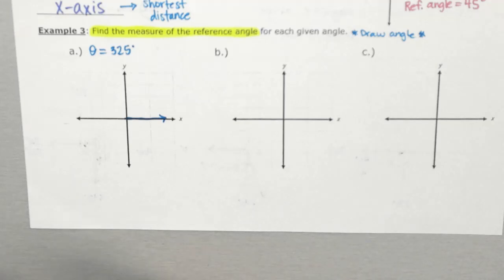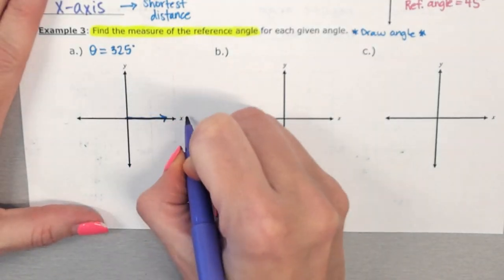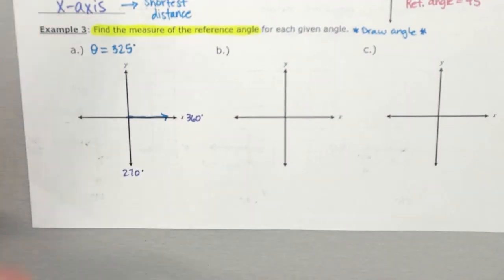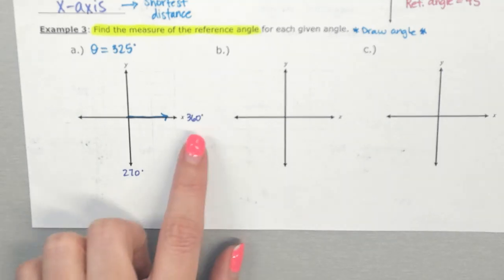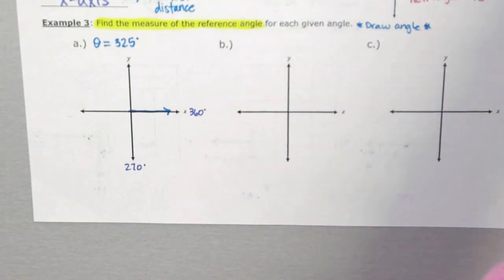When I say I want you to think about where you're putting that line, what I'm saying is, if I'm trying to get to 325, I know this is 360 and this is 270. I want you to think about what the degree difference is. So what's the distance in degrees between 325 and 360?